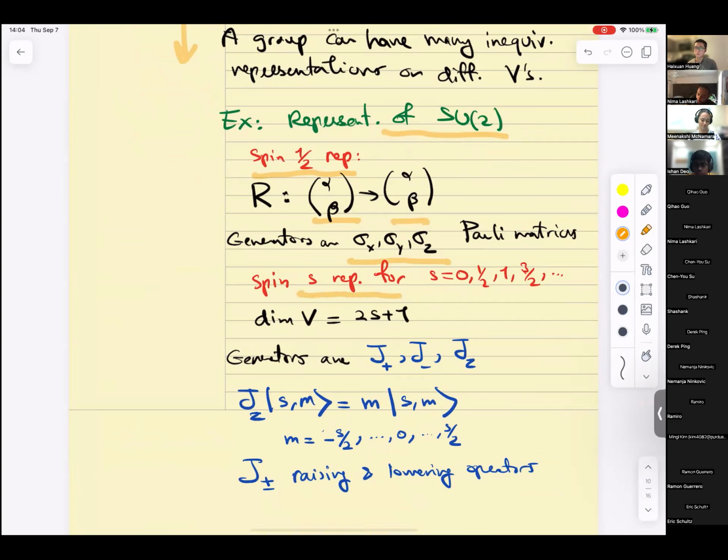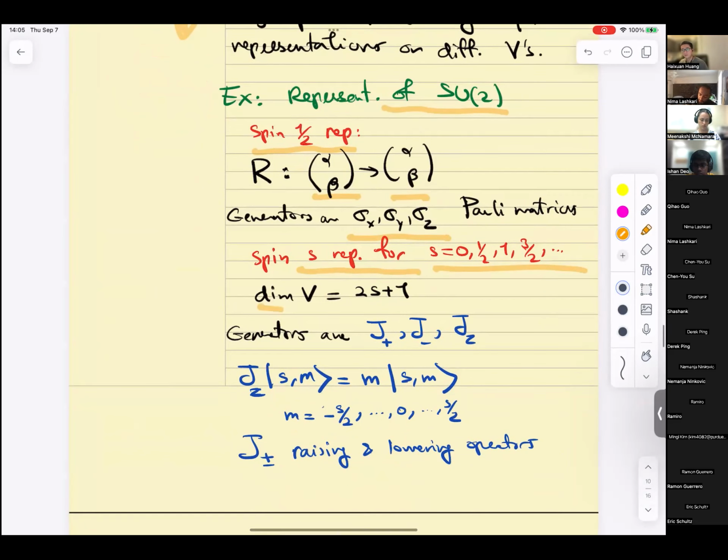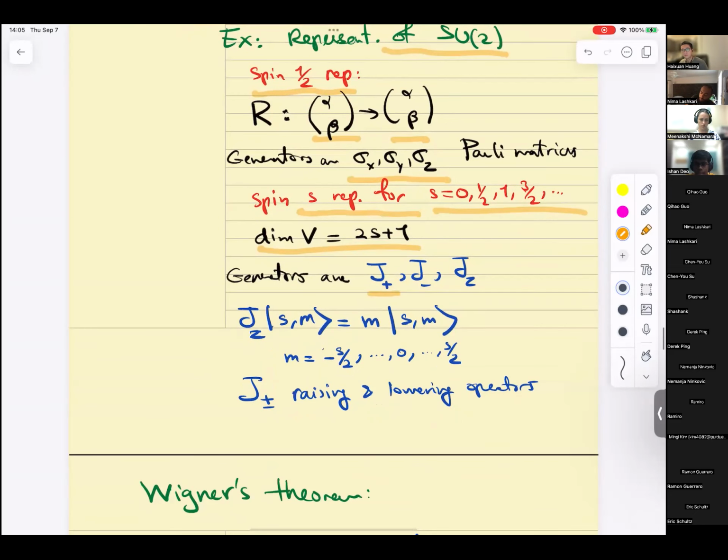But you also know about spin S representations for all sorts of different S. Spin 0, spin half, spin 1, spin 3 halves. The dimension of these representations is 2s plus 1. And the generators are j plus, j minus, jz, right? So jz, so we label the representations.